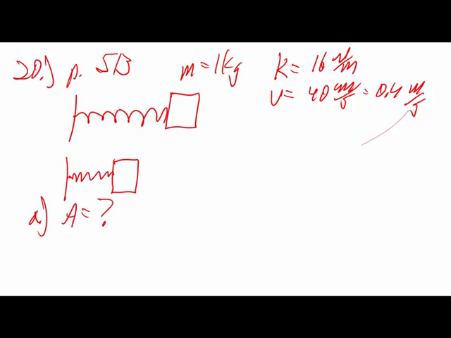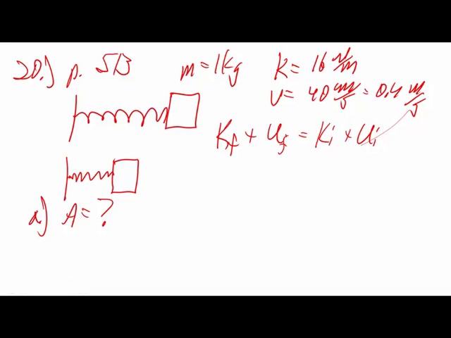What is conservation of mechanical energy? Well, it's K final, kinetic energy final, plus potential energy, and by the way, that's elastic potential energy, final, is equal to kinetic energy initial plus elastic potential energy initial, okay?